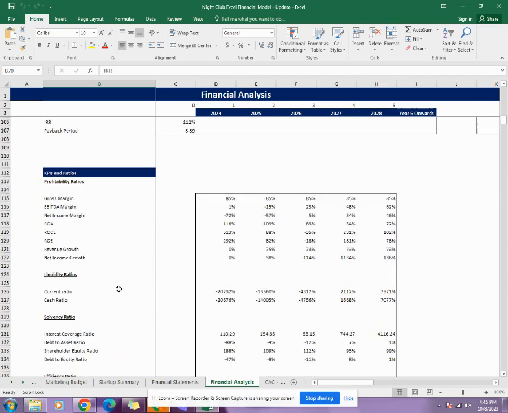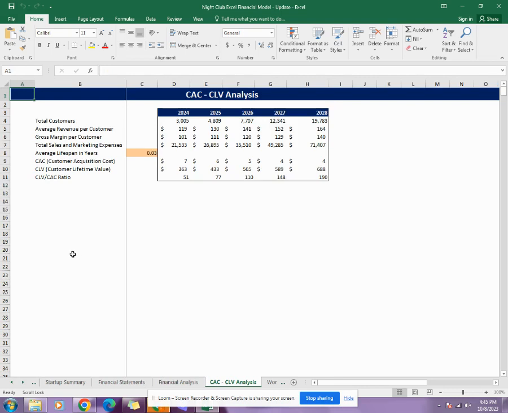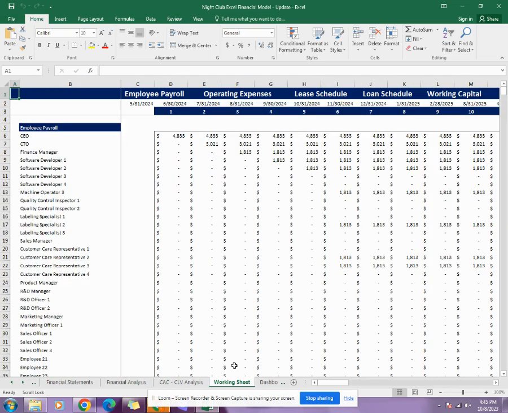Then comes the KPIs and ratios. The KPIs and ratios include all the relevant financial ratios, which help in making financial decisions. Then coming towards the CAC-CLV analysis, this sheet tells you about customer acquisition cost in each year. It also gives you the customer lifetime value in each year and compares them both in the form of a ratio. Then comes the working sheet.